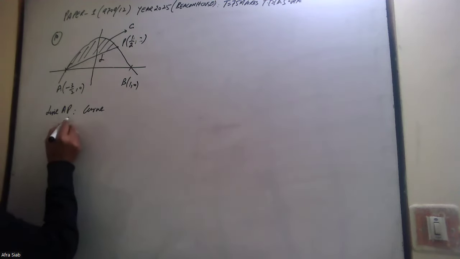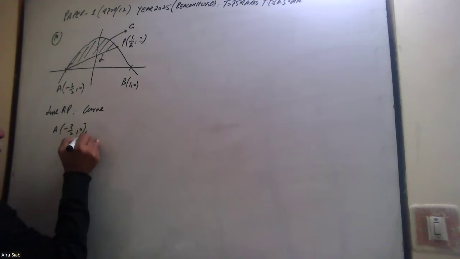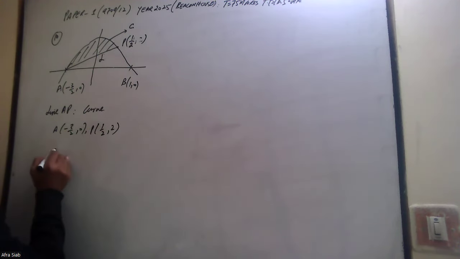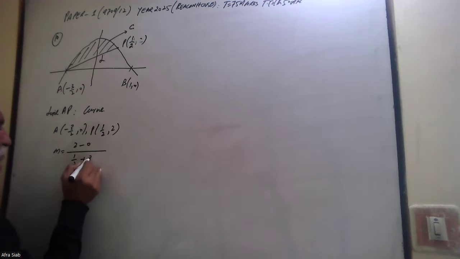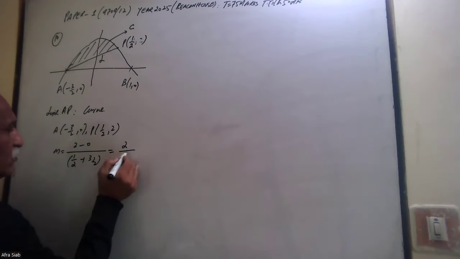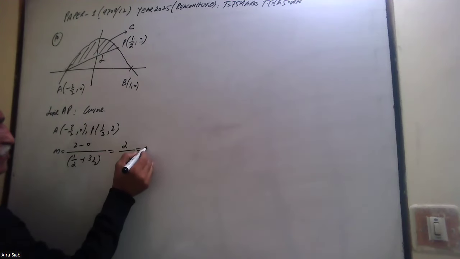We know that the line is passing through point A, minus 3 over 2 and 0, and point P, half and 2. So M, the gradient of this line, is 2 minus 0 over half plus 3 over 2, which is 2 over 2, which is equal to 1.